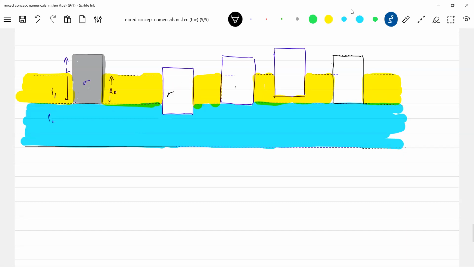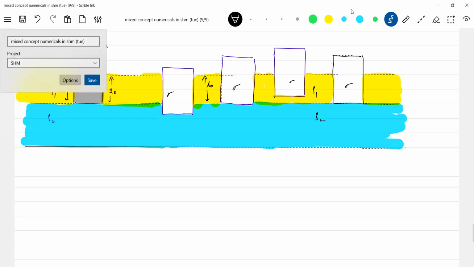This is rho 1, rho 2. And this L naught will not change. This is a very important part of the problem, and the length of the cylinder will not change. Let A be the area of cross section. I want the time period now.